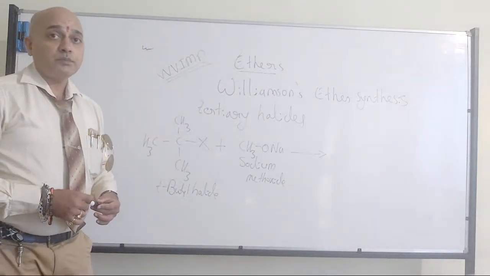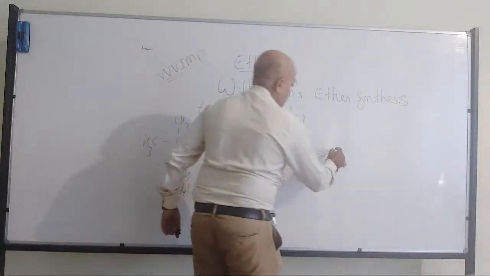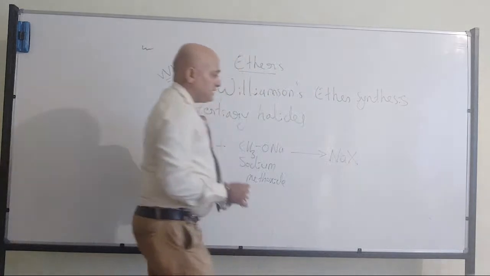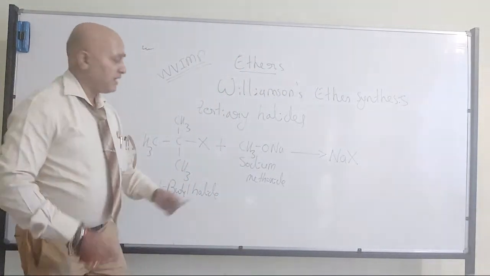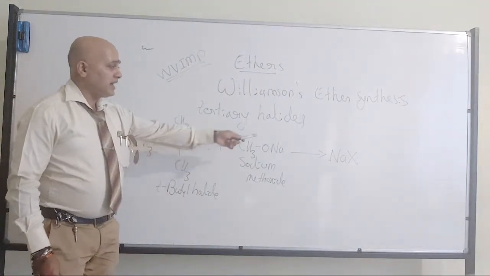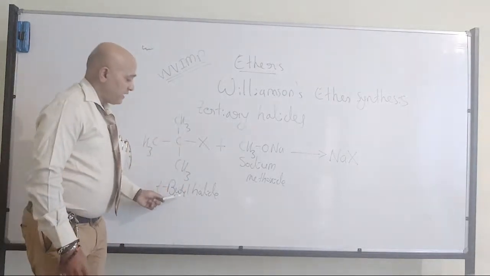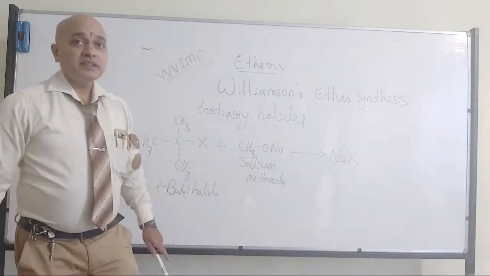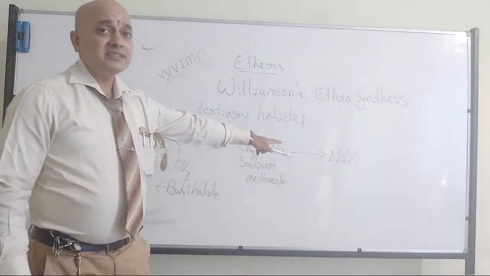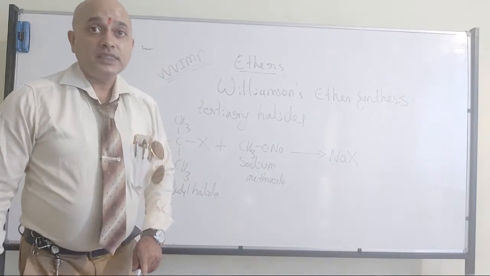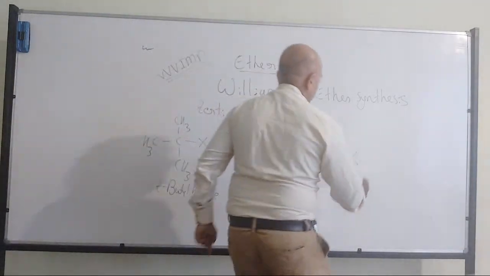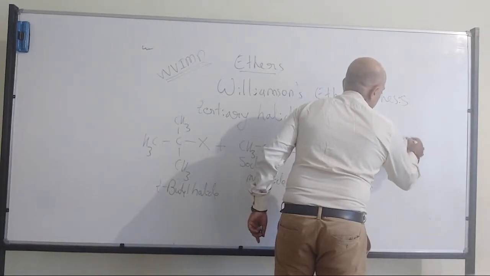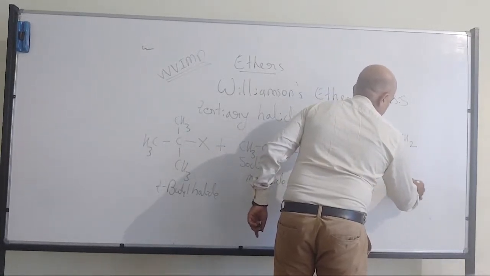Now, one of the products naturally should be sodium halide. If I take tertiary butyl bromide, then it will be sodium bromide. If I take tertiary butyl chloride, then it will be sodium chloride. So one of the common products is sodium halide. Now, another product will be CH3, C double bond CH2, CH3.